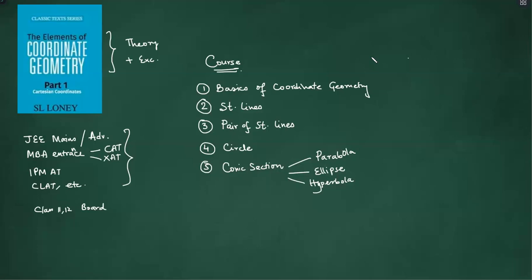And of course, data interpretation is one of the hot topics in today's world, so it is very important and necessary. Anyway, without further ado, let's start the course on coordinate geometry.